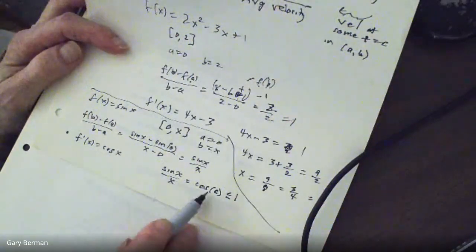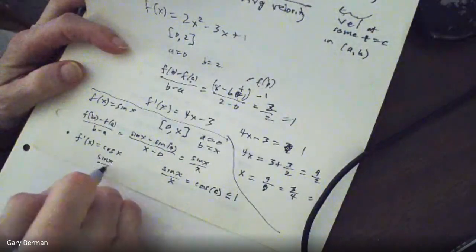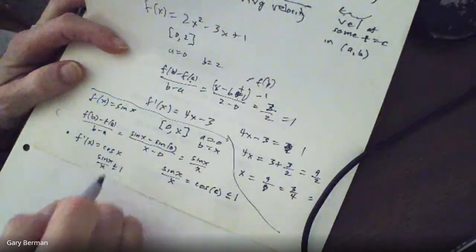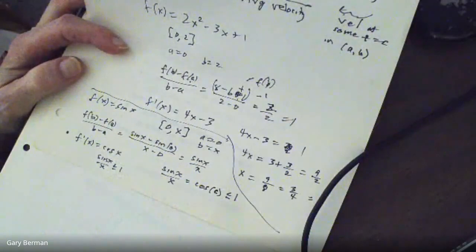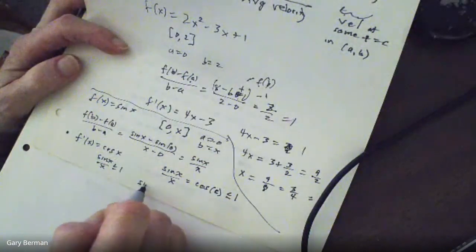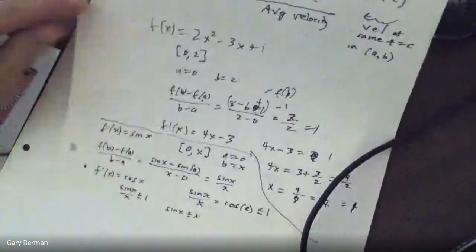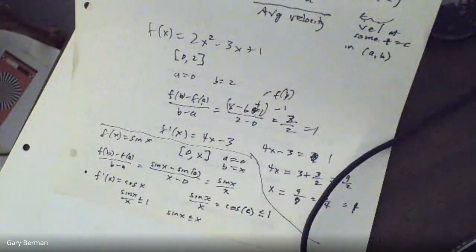This is the mean value theorem, which says that sine x over x is less than or equal to 1 when x is close to 0. Another way of saying that is sine x is less than or equal to x. I'm just doing it for positive x. It's also true if you're on the negative side of 0.